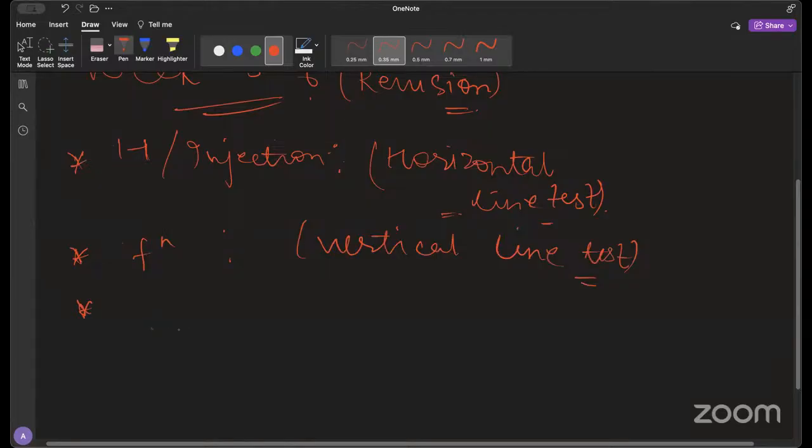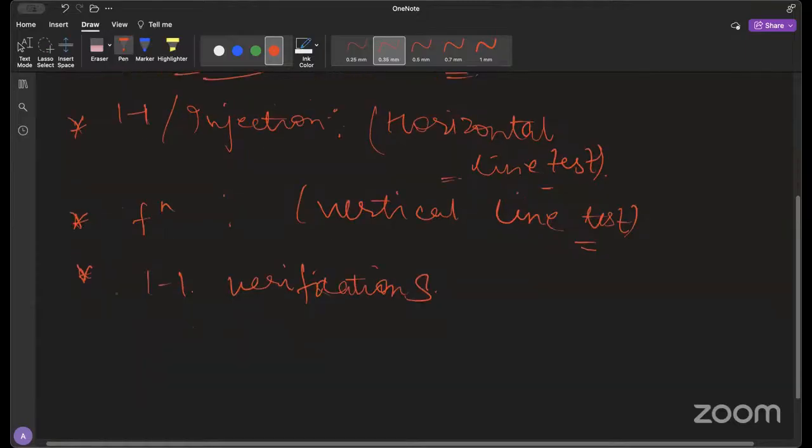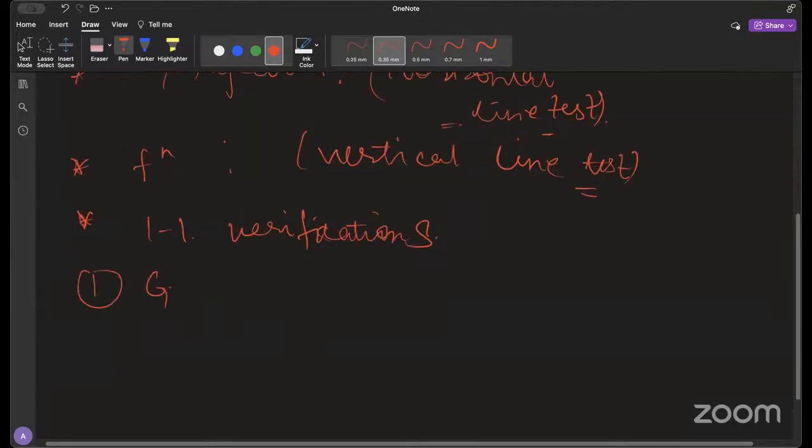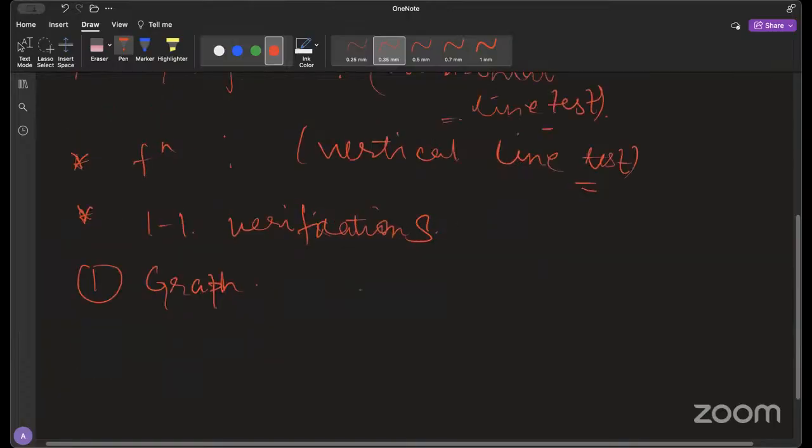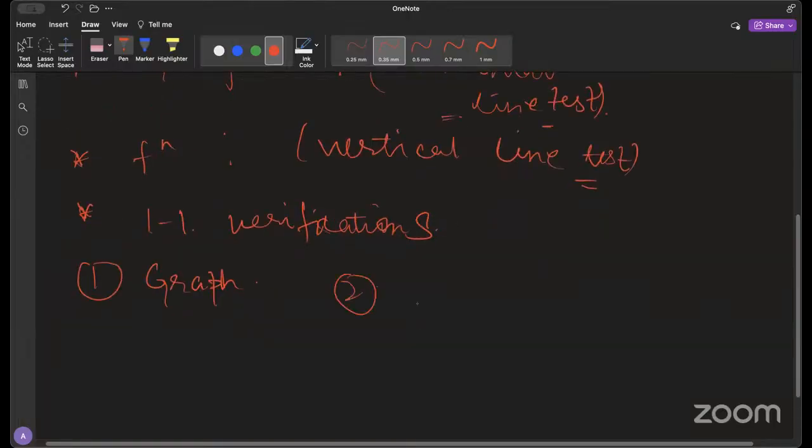What are the other ways to verify whether a function is one-one or not? You have some ways to do it. The first one is by looking at the graph of the function, obviously the horizontal line test. The second one is by checking if your function is strictly increasing or decreasing.